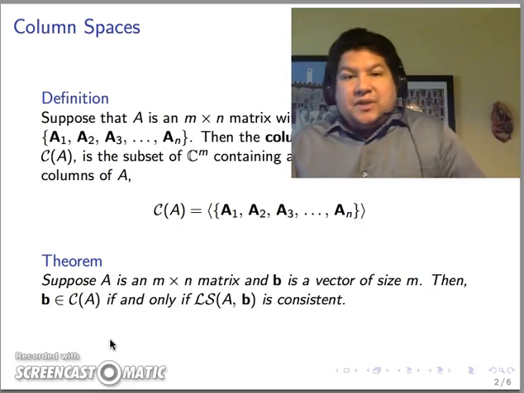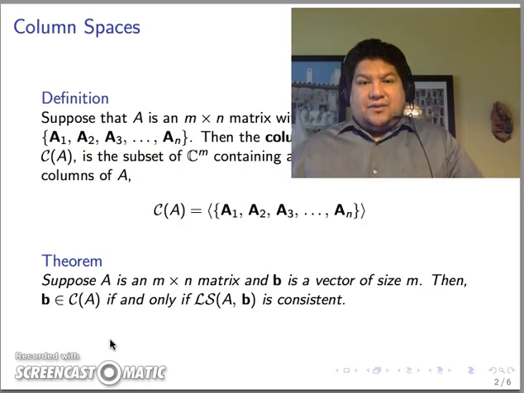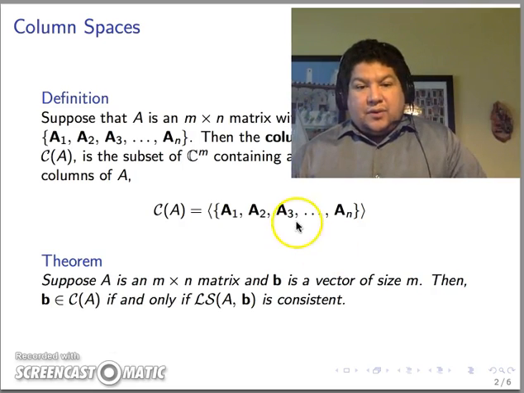So membership in a column space is the same as membership in the span of a set, which is a concept that we had previously reviewed and learned.